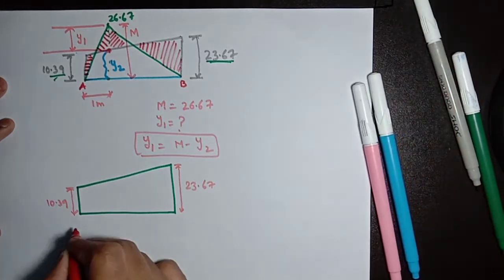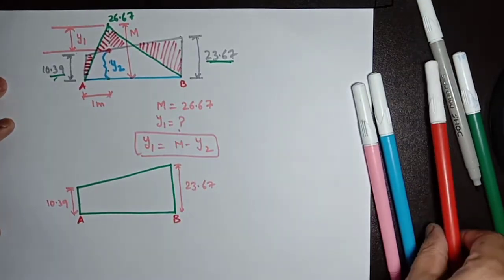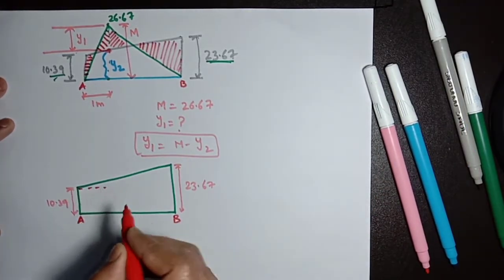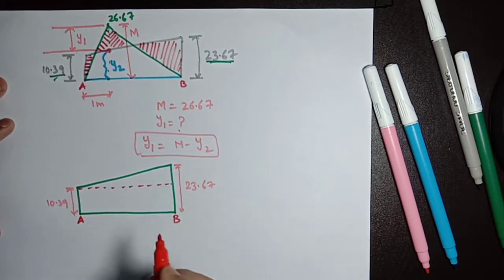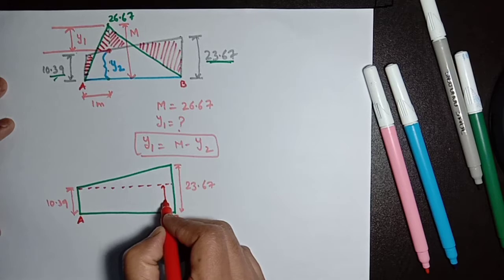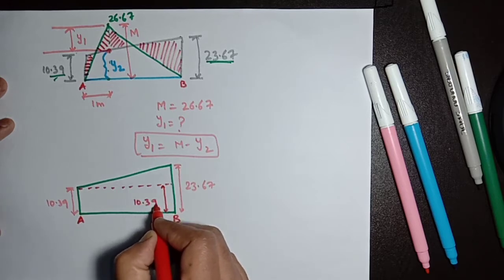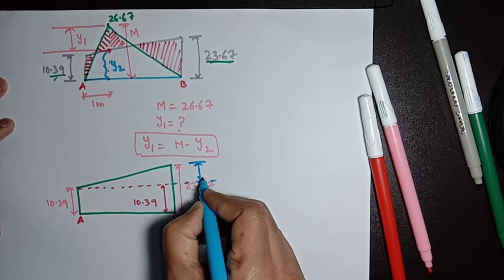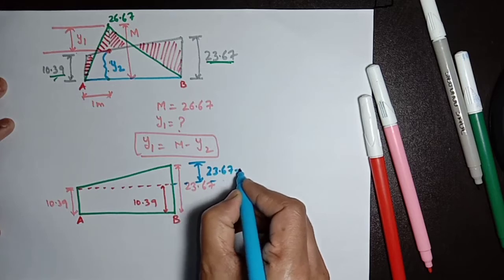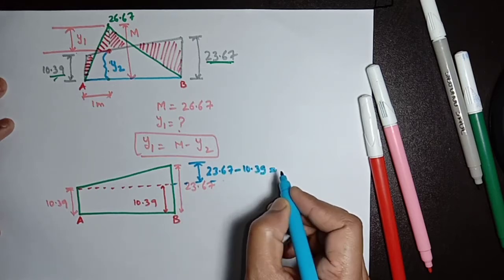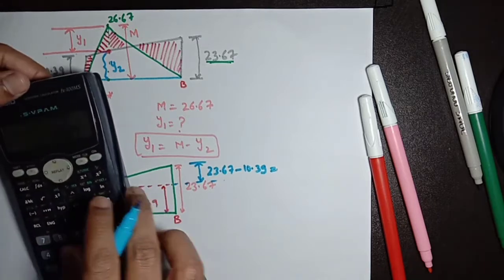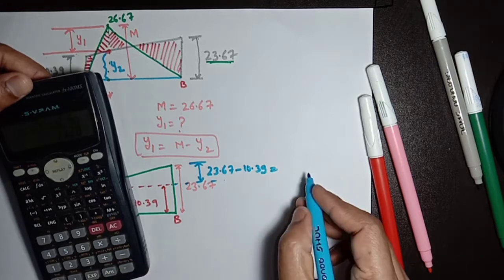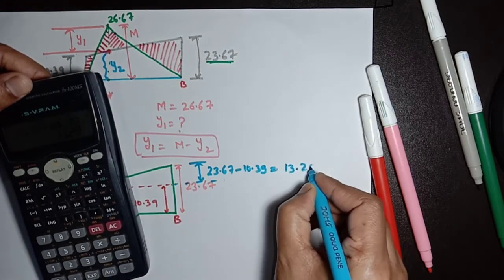Now this point is A, this point is B. This is the support moment, and if we are drawing a line parallel to AB, here 10.39, so here the value will also be 10.39. So we can find this value. This value will be 23.67 minus 10.39, that is 13.28.